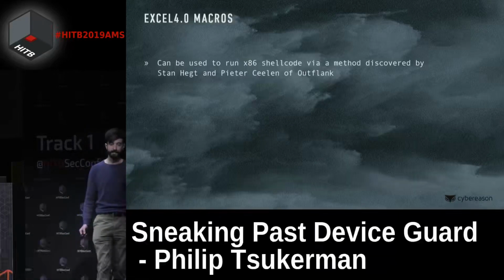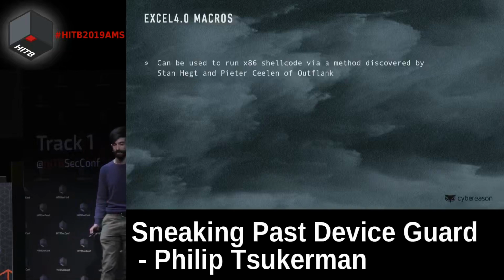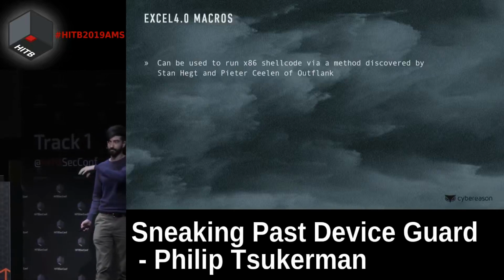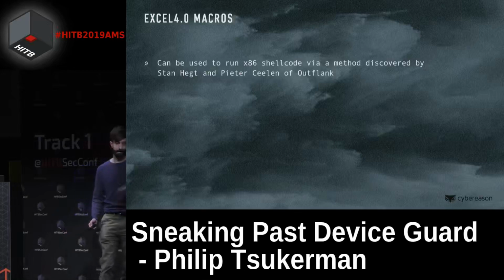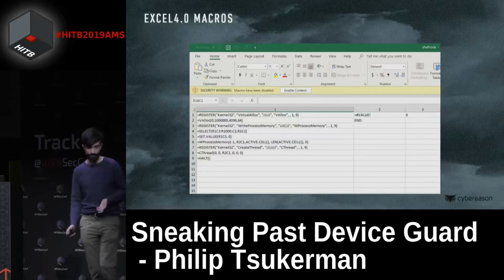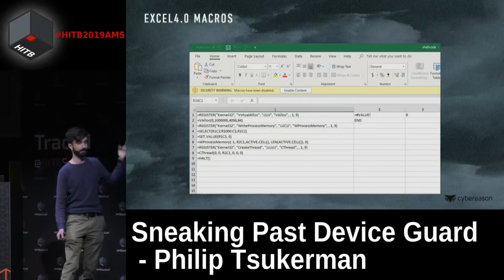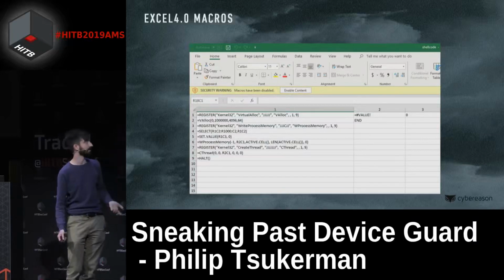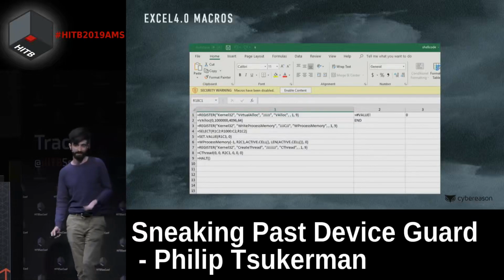But Stan and Peter from Outflank actually discovered a way to run x86 shellcode using this method, meaning that, well, if we have shellcode running, we satisfy one of our requirements for full arbitrary code execution. So this looks like this. We have this REGISTER function that registers an API call. Here we have VirtualAlloc, WriteProcessMemory, and CreateThread, basically the usual shellcode suspects.